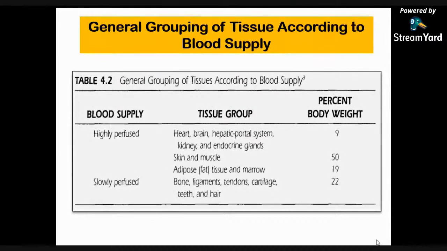Skin and muscle carry 50% weight. Adipose tissue, or fat, and bone marrow carry 19% of weight. The slowly perfused group contains body tissues like bone, ligaments, tendons, cartilage, teeth, and hair, and carries 22% body weight.